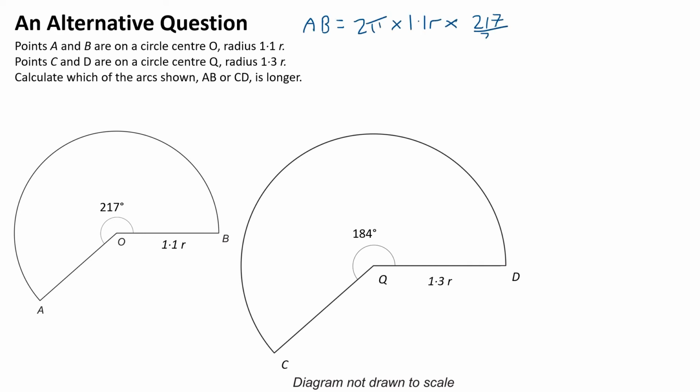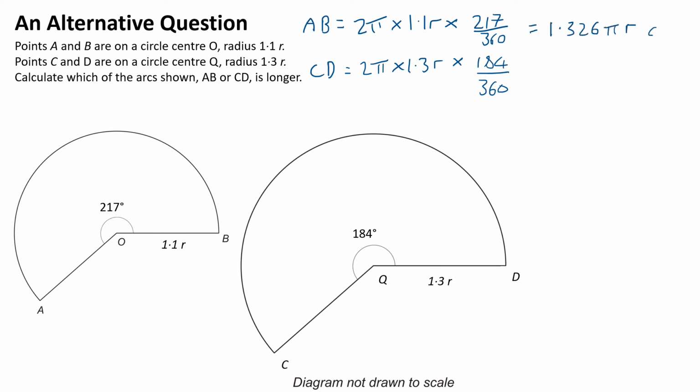AB is 2 pi times 1.1r times 217 over 360. CD is 2 pi times 1.3r times 184 over 360. Again, r is not the radius. They're messing with our minds, giving us an r involved in the radius there, but we just need to be careful not to get confused.